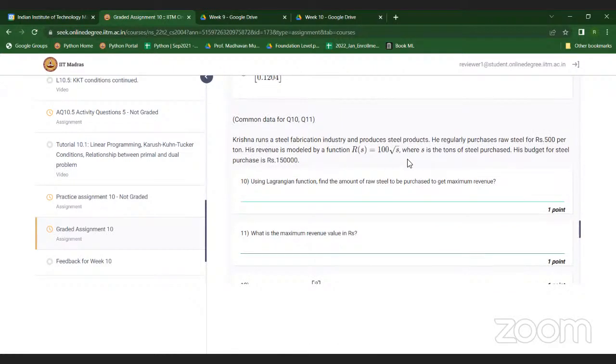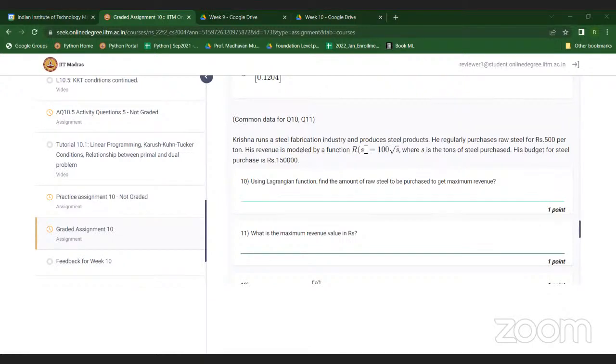500 per ton, right? And his budget for steel is 1.5 lakh, to get the maximum revenue. This revenue we should be maximizing, right? So that f of x is 100 root s.